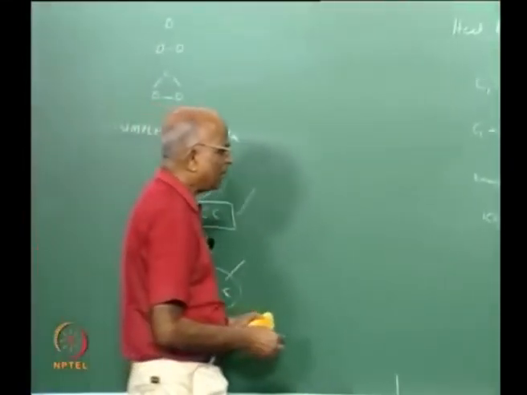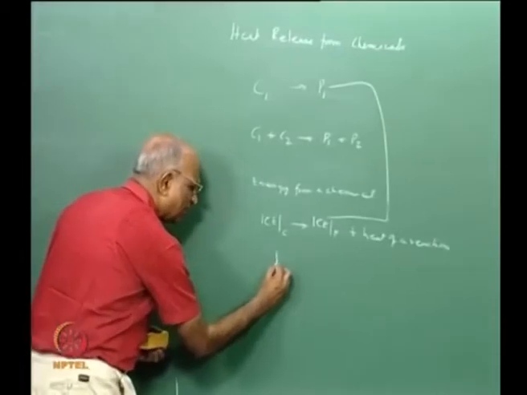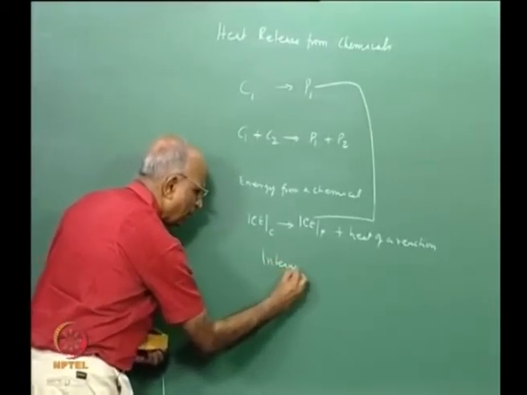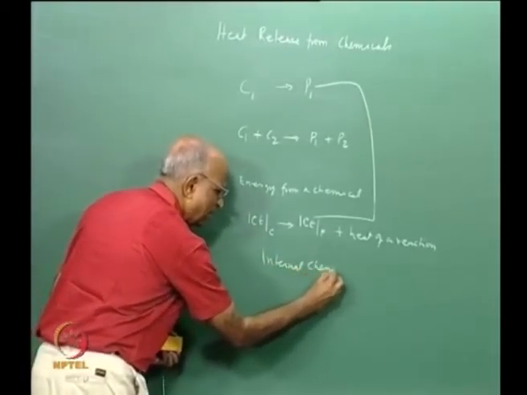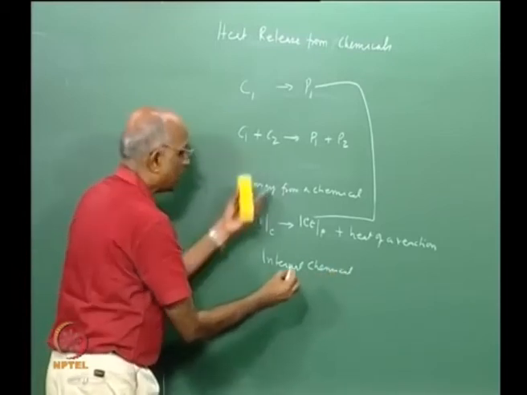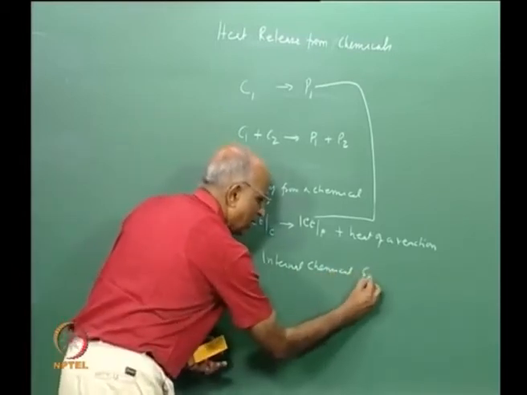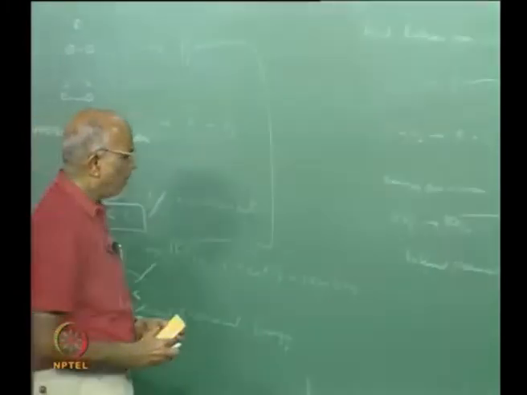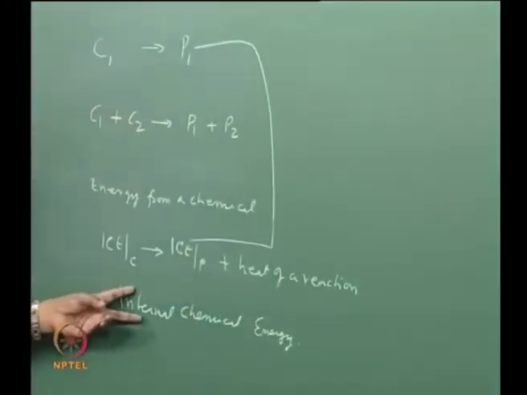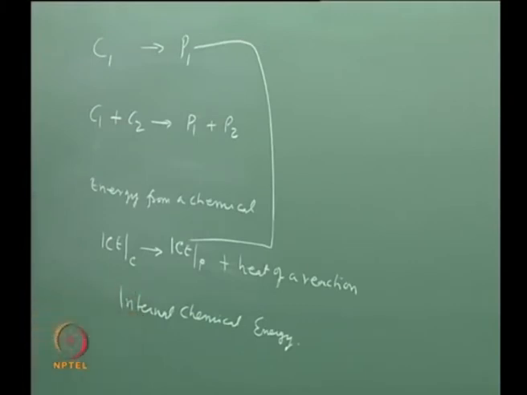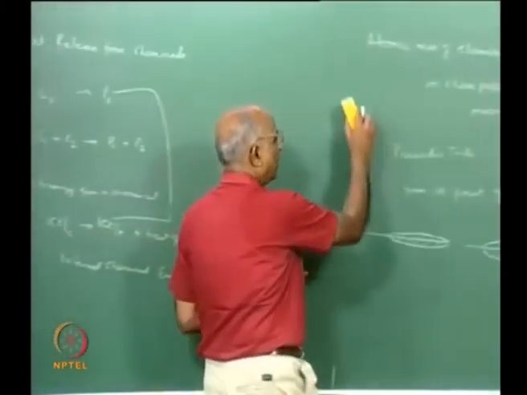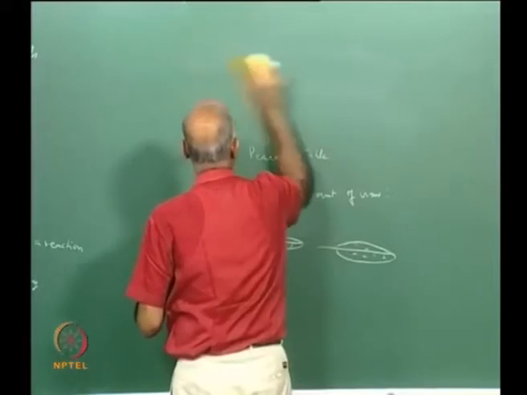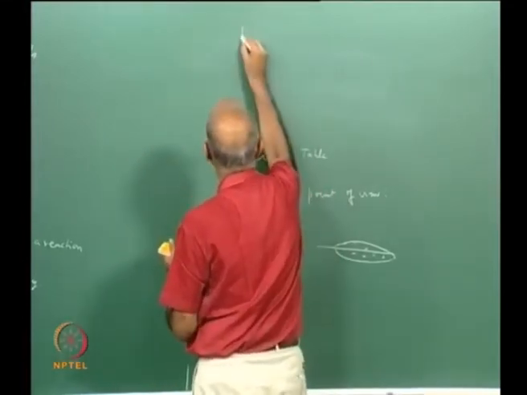Therefore, basically I need to find out what this internal chemical energy is, or what is the energy available with the chemical, which I call internal chemical energy. The word given to describe this internal chemical energy, which all of you know very well, is what we call heat of formation.